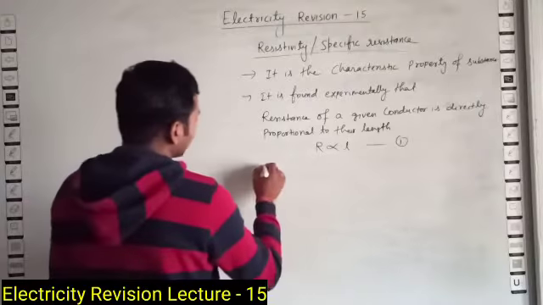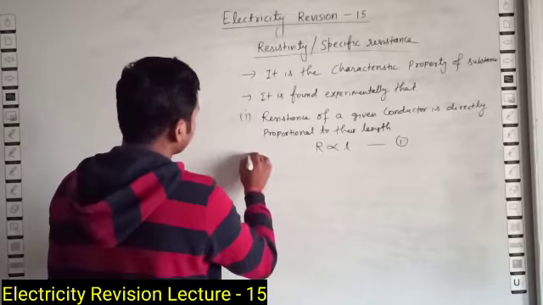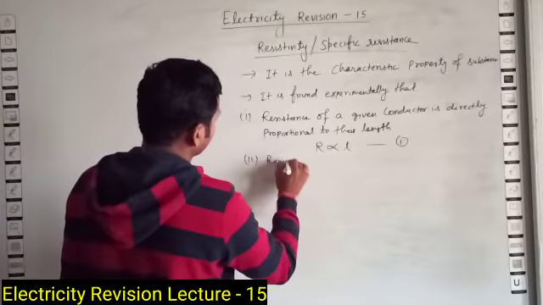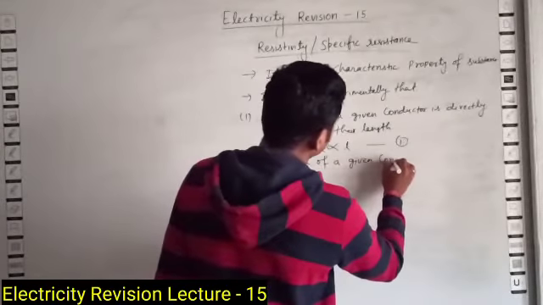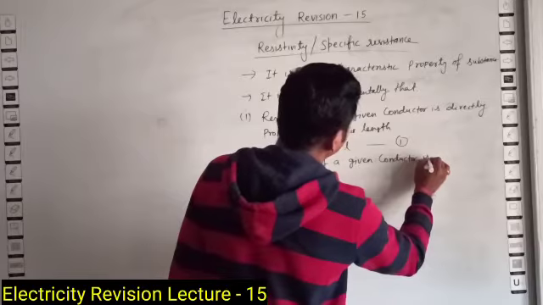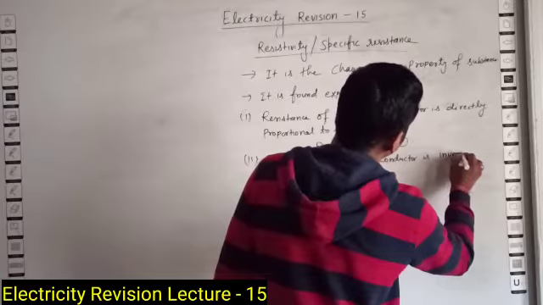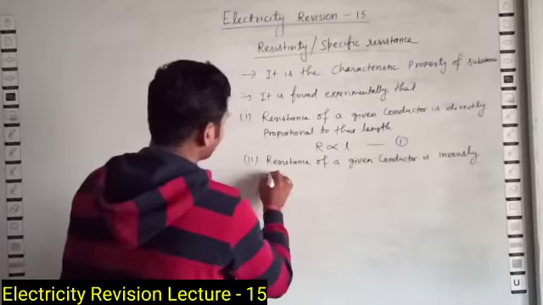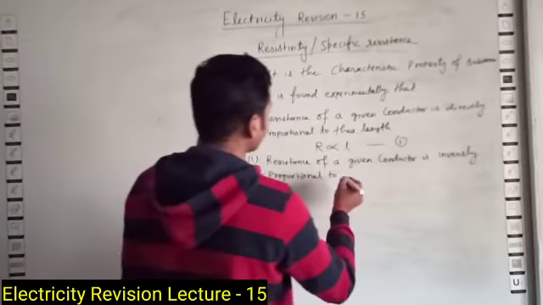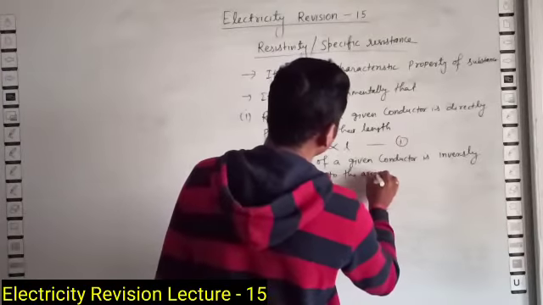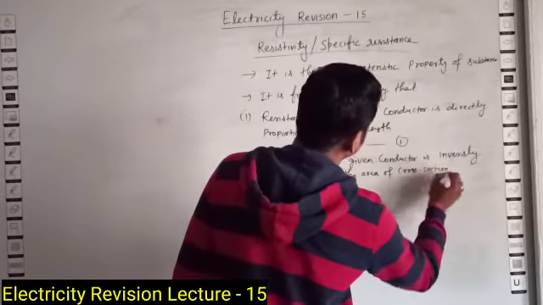Another is that the resistance of a given conductor is inversely proportional to the area of cross section.